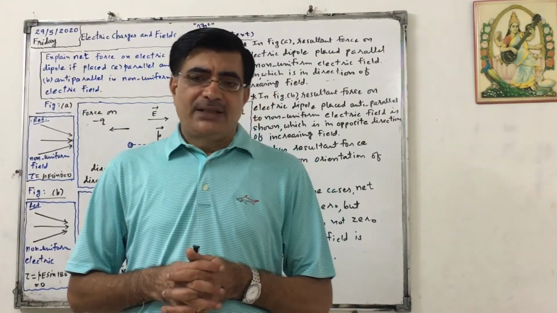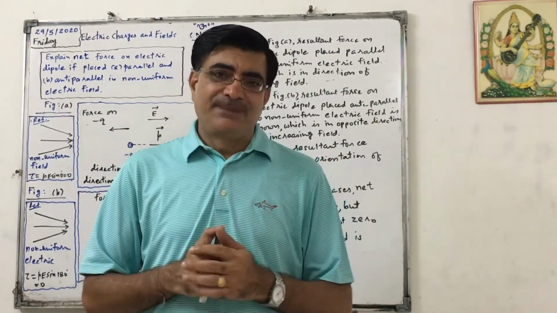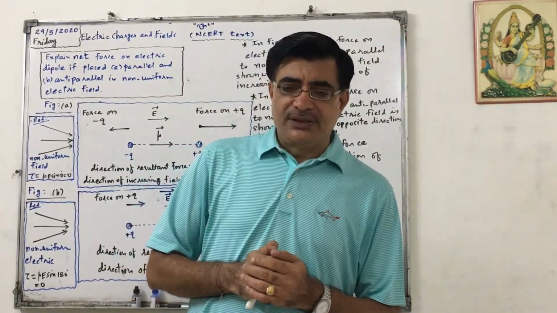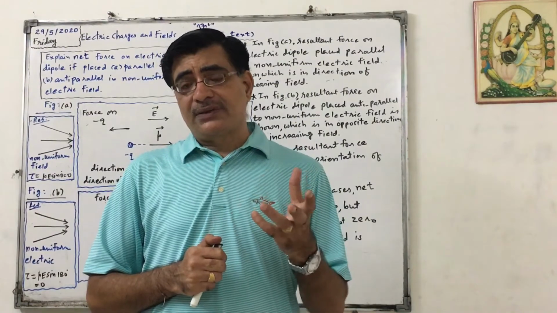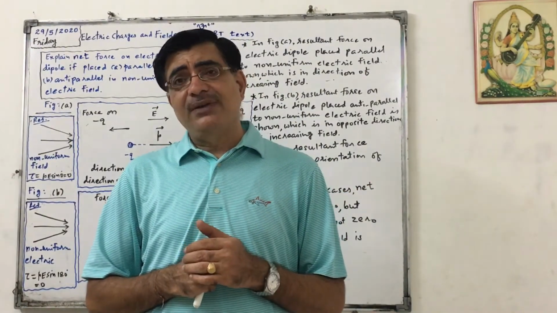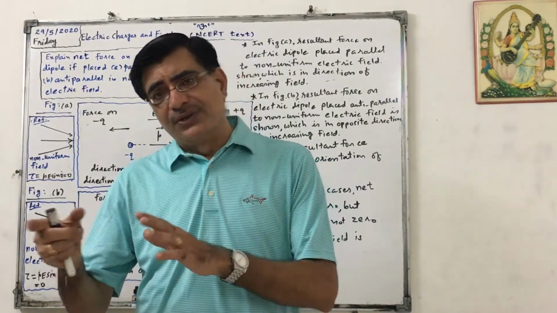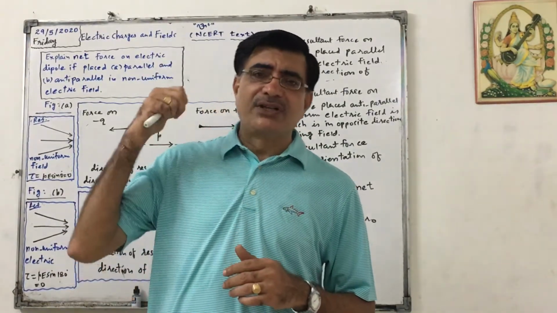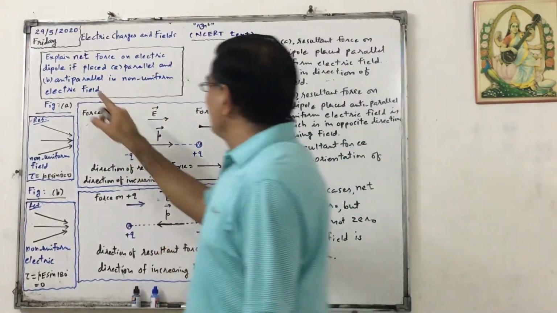For that, in our NCERT textbook, they have taken only a special case. Okay, but in general, there are so many cases, so that we will discuss for GNET in next video. Here we are considering only NCERT text. Okay, so this is the point.